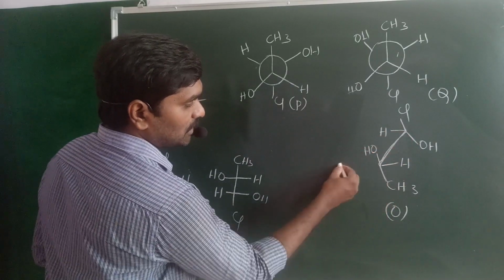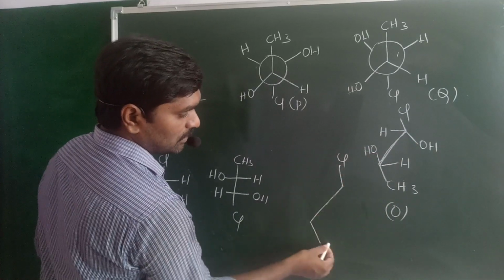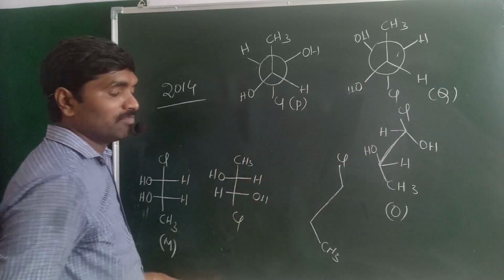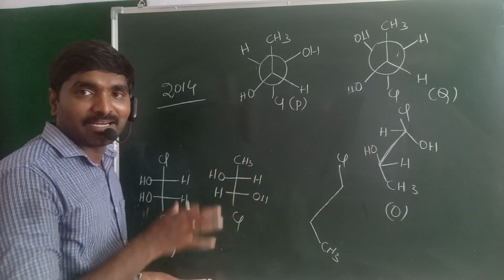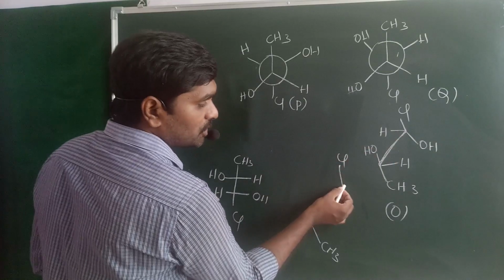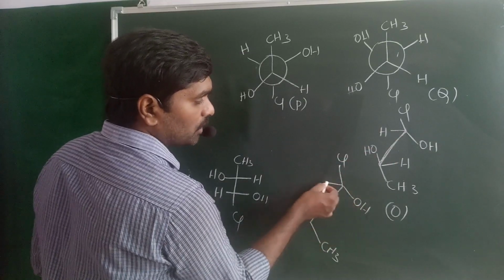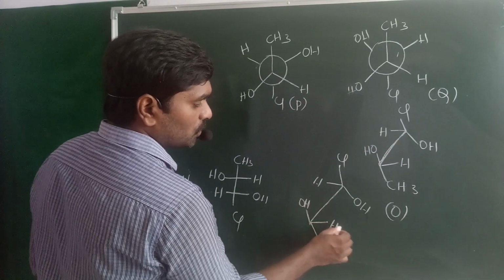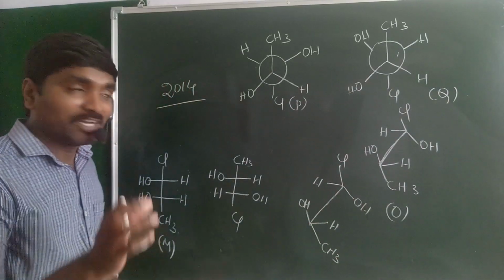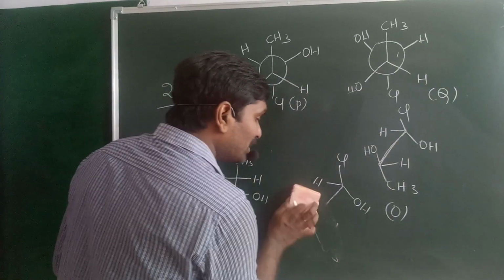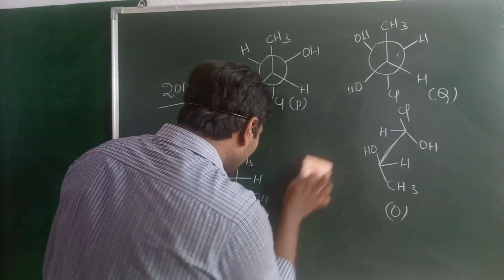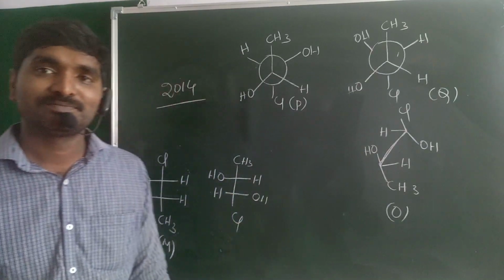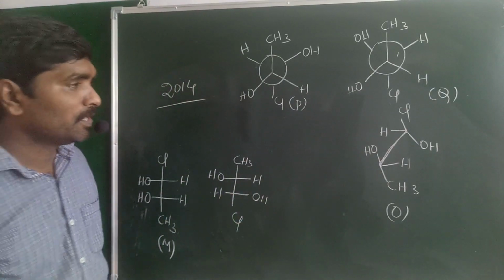You must identify whether it is eclipsed or staggered. So OH, H, OH, H, which is a staggered conformation. First you should convert the staggered conformation into the eclipsed conformation. That is the most important one.